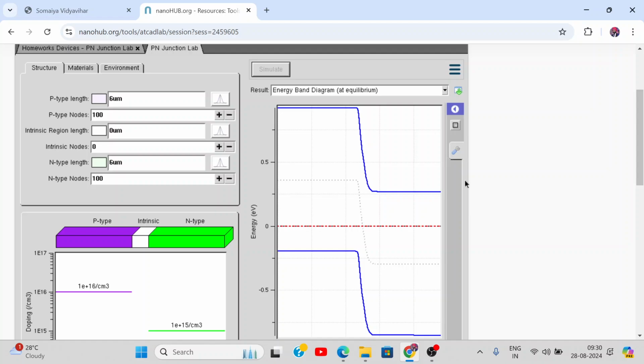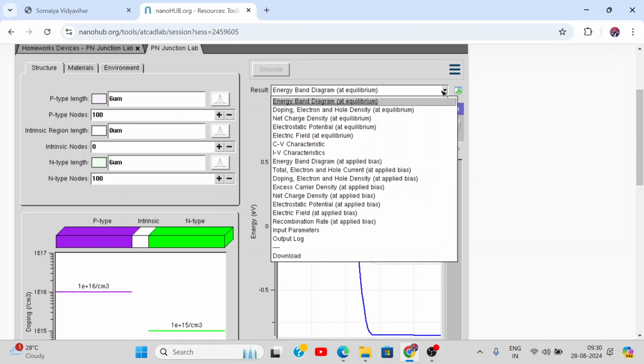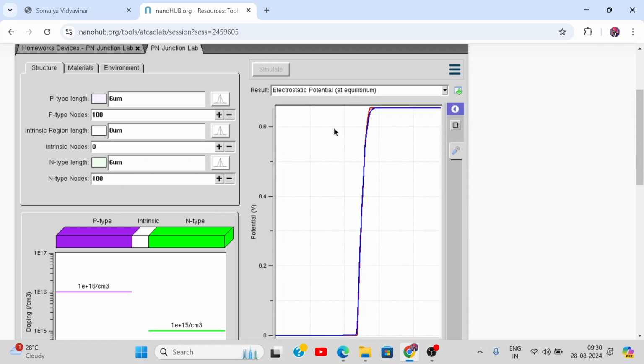See, this is the energy band diagram at equilibrium. Now we need to find the electrostatic potential. So this height should be how much? 0.654. Exactly, you got that? How much did you get? Up to 637. It's fine. Wait.